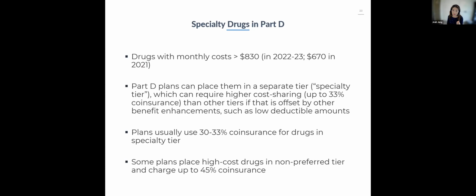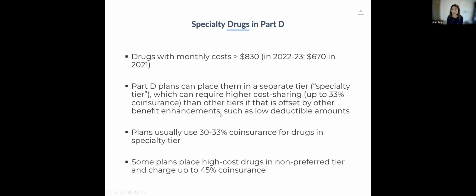And once the drugs are in the specialty tier, Part D plans are allowed to charge a little bit higher cost sharing than other tiers. So up to 33%. Otherwise, usually co-insurance is 25%, but for specialty tier, you can go up to 33% as long as those increased cost sharing is offset by other benefit enhancement.